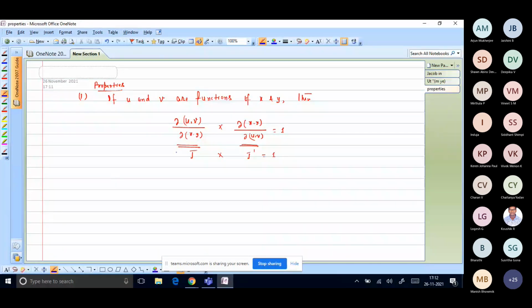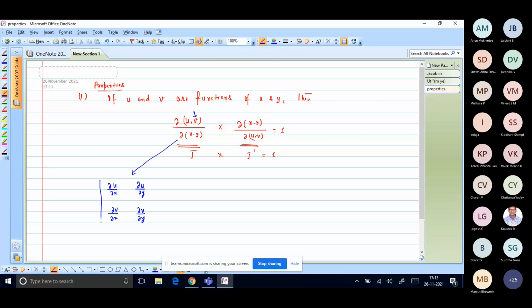What is the meaning of this? The Jacobian of u, v with respect to x and y is the determinant of del u upon del x, del u upon del y, then the next function v: del v upon del x, del v upon del y.